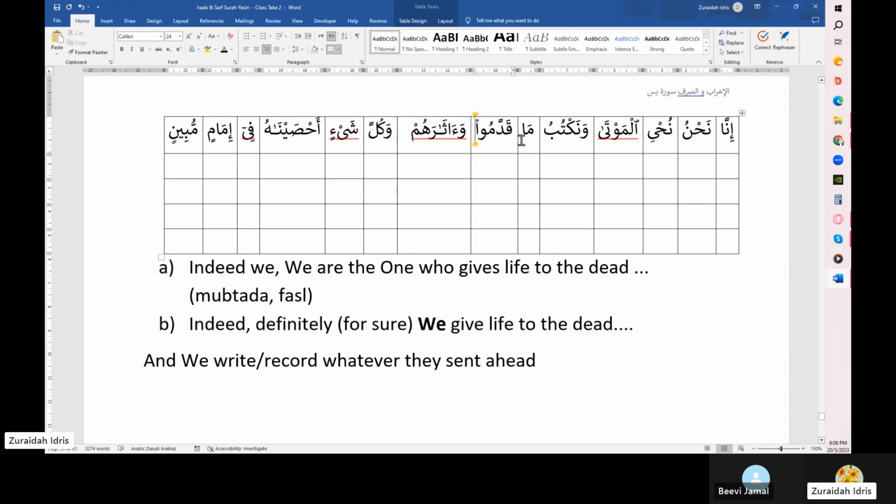We're saying it twice: they must have sent something ahead. This is a case of a fi'il without a maf'ul, because this in itself is the maf'ul. Ma qaddamu is the maf'ul, so it's referring to ma actually. Whatever they sent ahead.